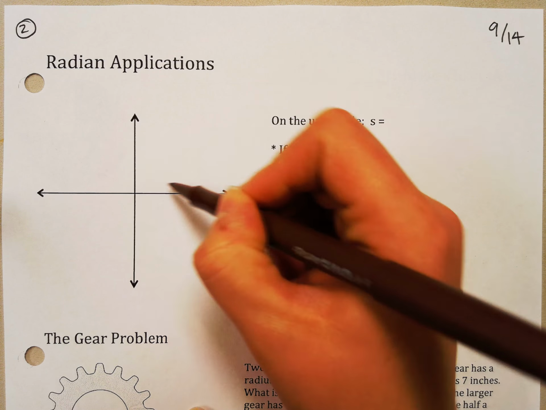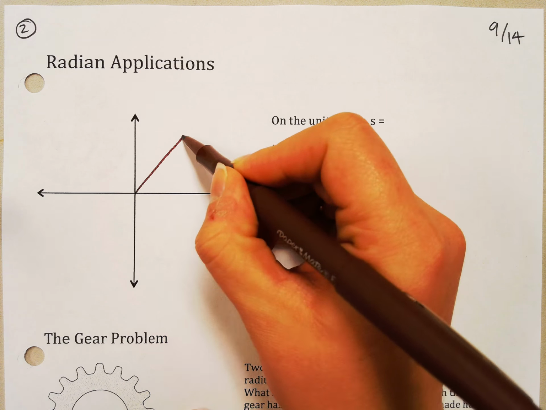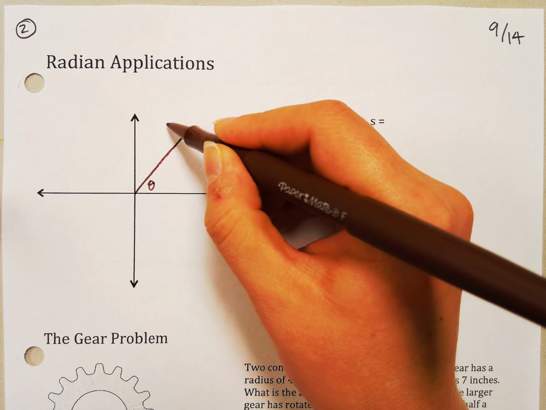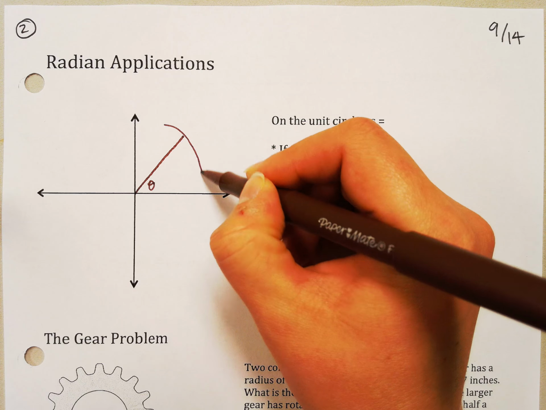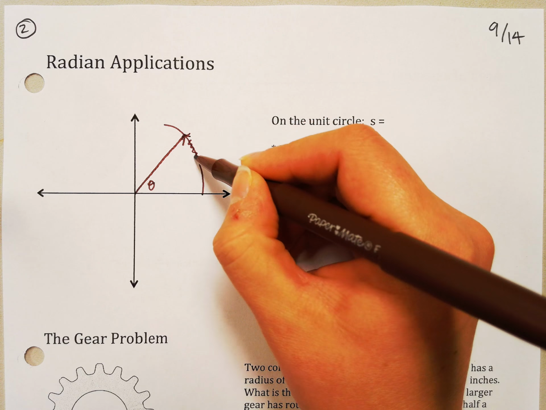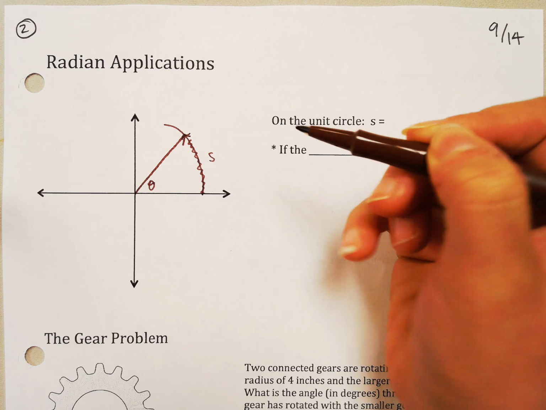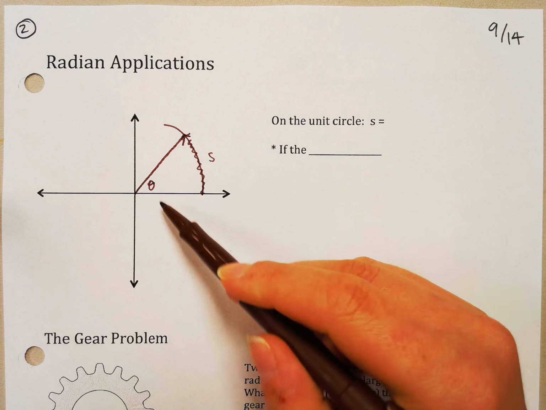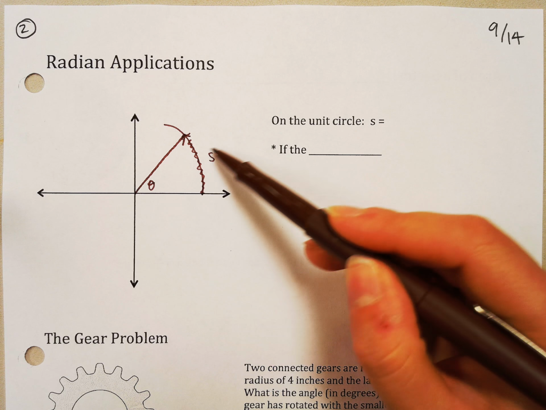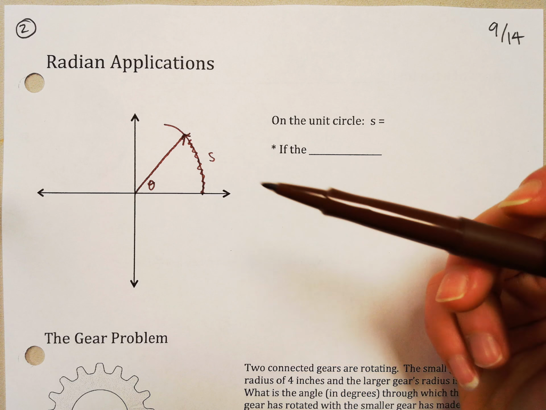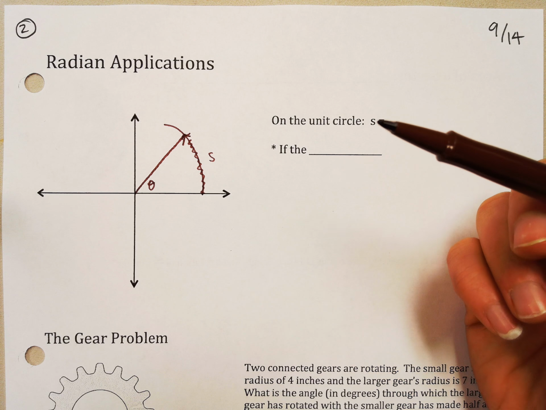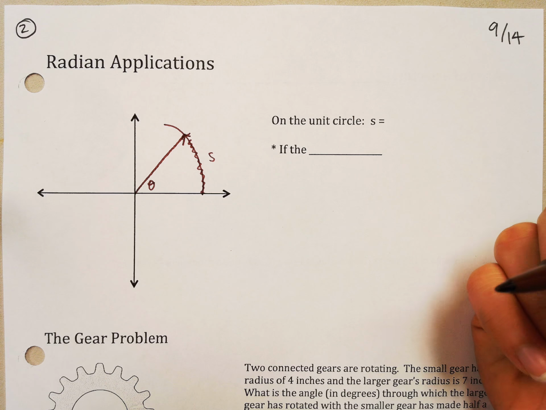If here's my theta value, it intercepts this piece in our unit circle, and this piece is represented with our intercepted arc length, and that corresponds to our theta value. So a 45-degree angle is our S value, which is pi over 4, so we can represent sine of pi over 4 as sine of 45 degrees, so both of our answers are root 2 over 2. That's the big idea.